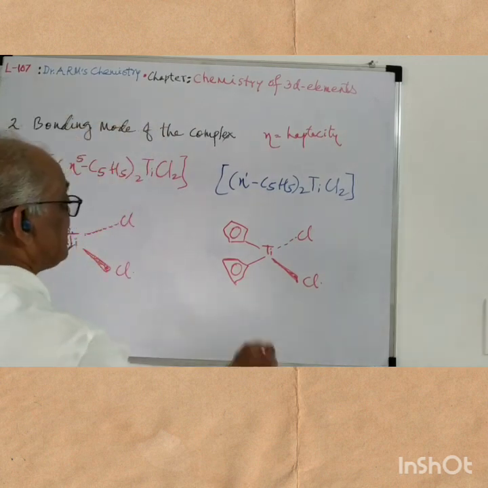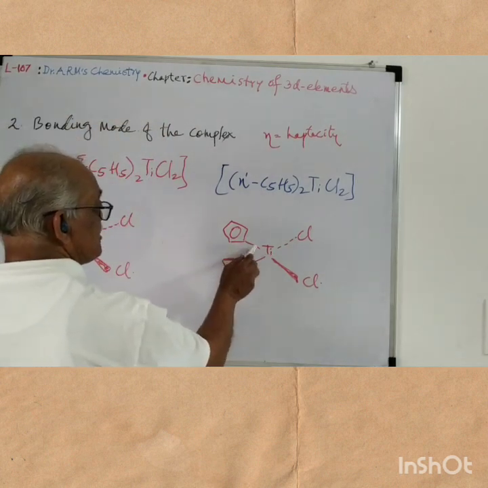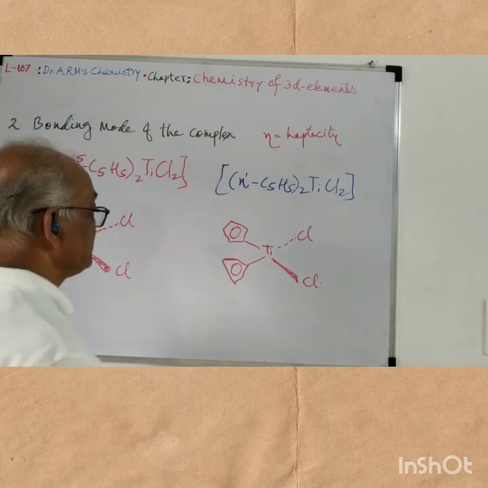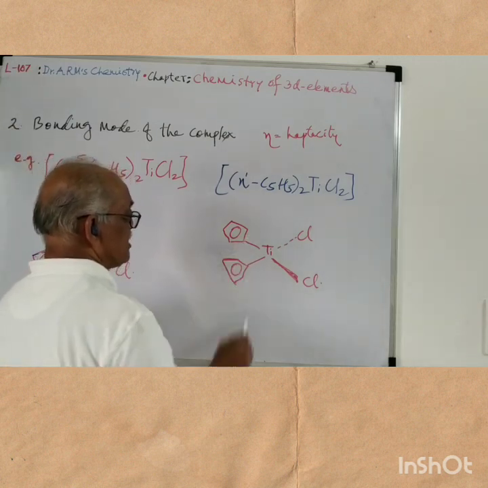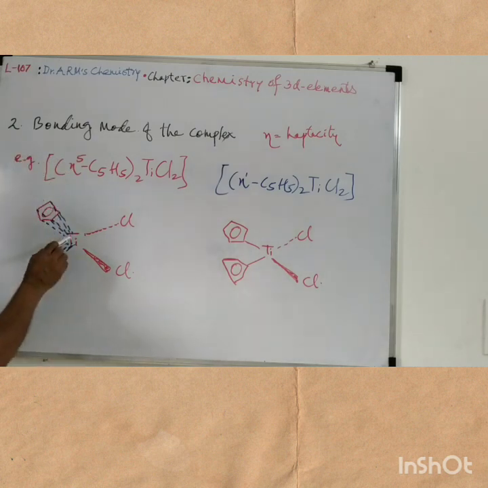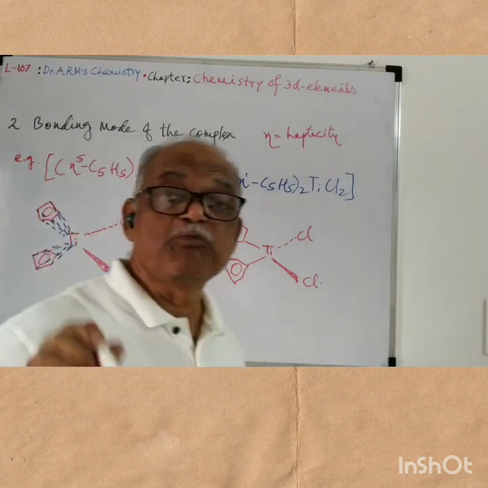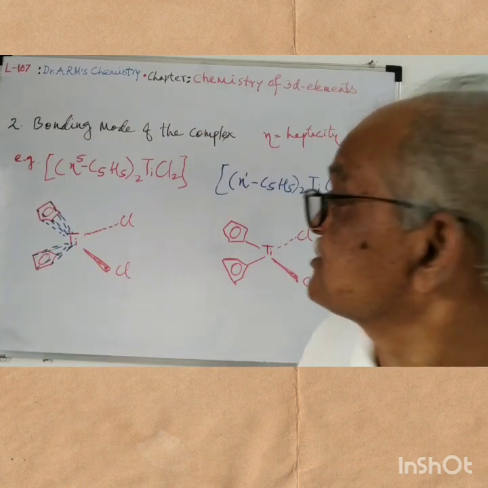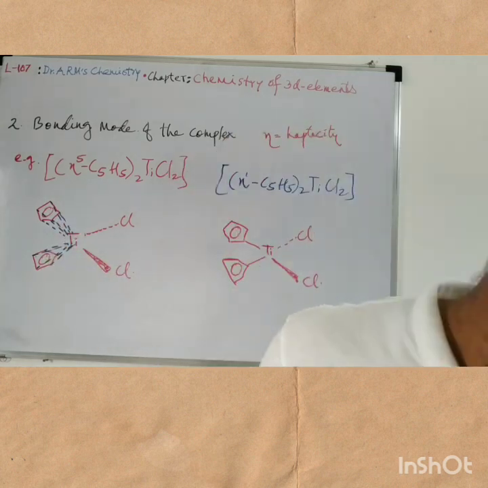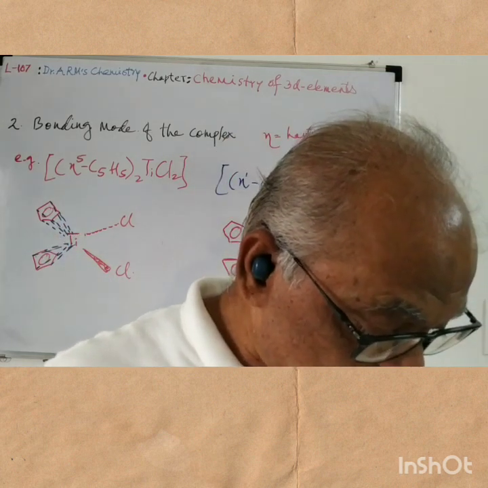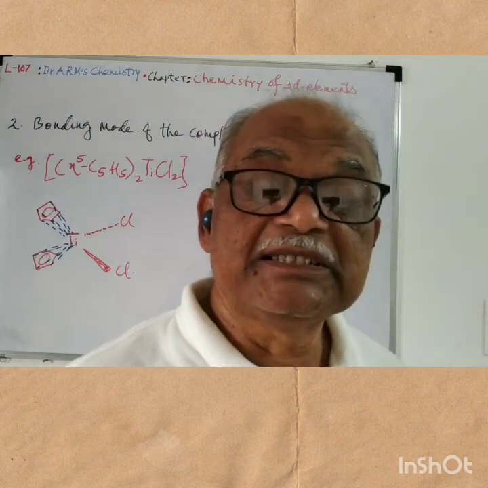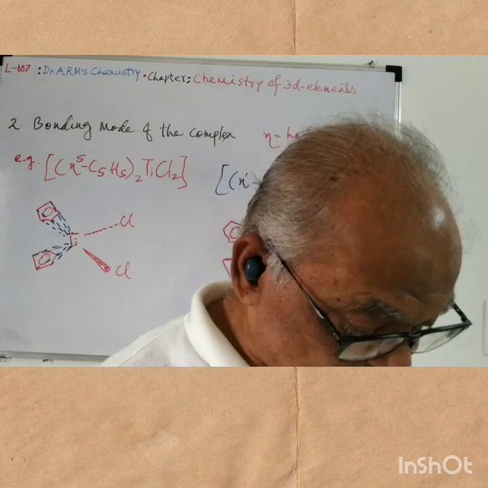So here we will find that this metal ion is coordinated with this ligand with only 1 point of attachment, that is this point. But here you will find that the titanium is attached with 5 points of attachment with each ligand, that is C5H5. So this is called the bonding mode, and this is called hapticity.